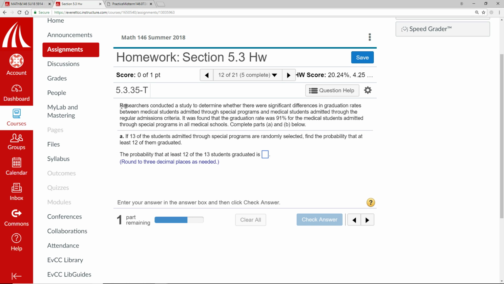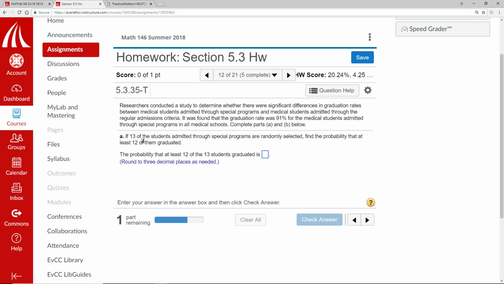Let's see. Researchers conducted a study to determine whether there were significant differences in graduation rates between medical students admitted through special programs and medical students admitted through regular admissions criteria. It was found that the graduation rate was 91% for medical students admitted through special programs in all medical schools. Complete parts A and B below.